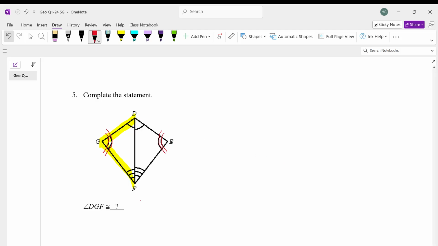We can call it angle DEF, or you can describe it as angle FED. But the vertex of the angle has to be the middle letter in the description. Angle DGF, the G was in the middle. That makes G the vertex of the angle.